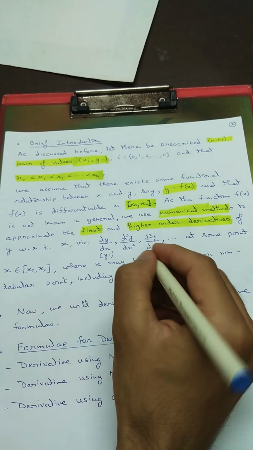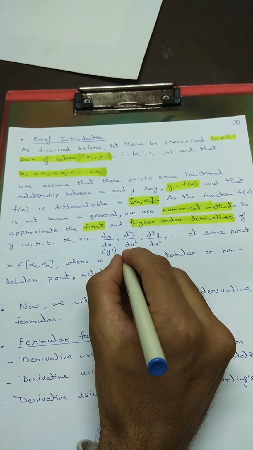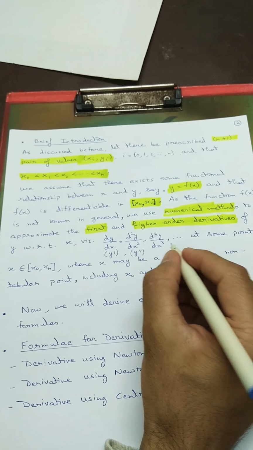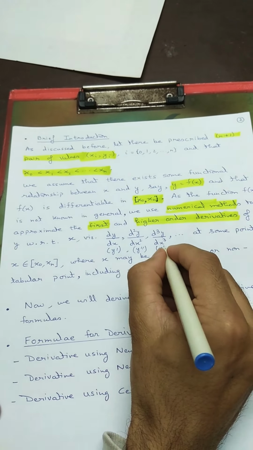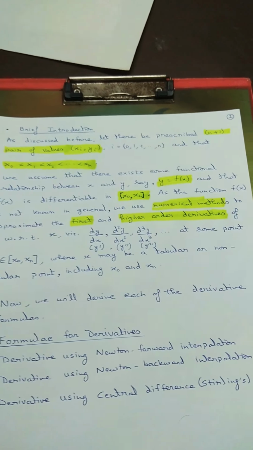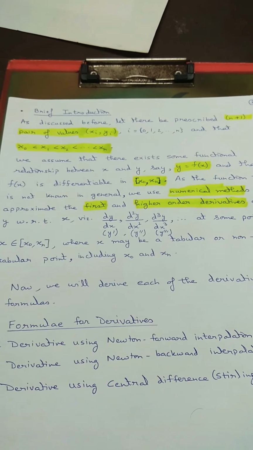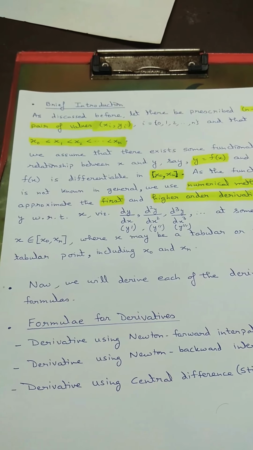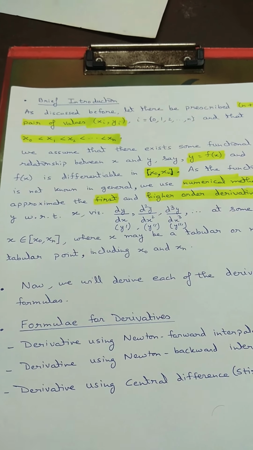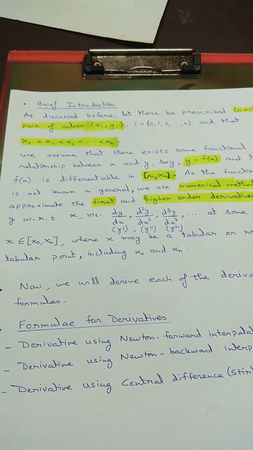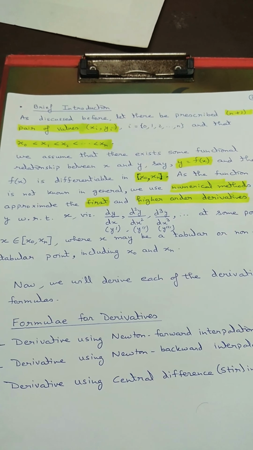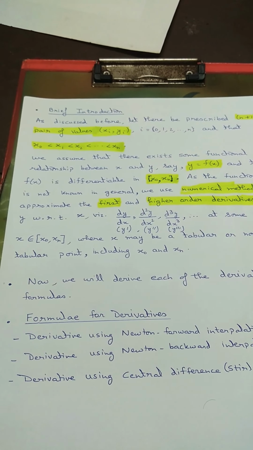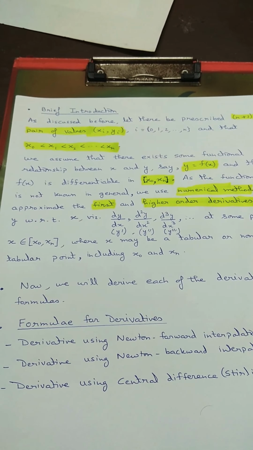Higher order derivatives, d square y by dx square, can be written as y double dash, and d cube y by dx cube can also be written as y triple dash. Similarly, other higher order derivatives can be calculated at some point x belonging to the closed interval x0 to xn, where x may be a tabular or non-tabular point, including the points x0 and xn.